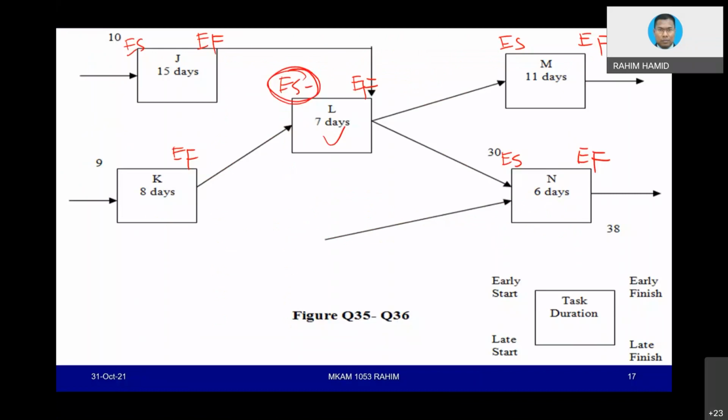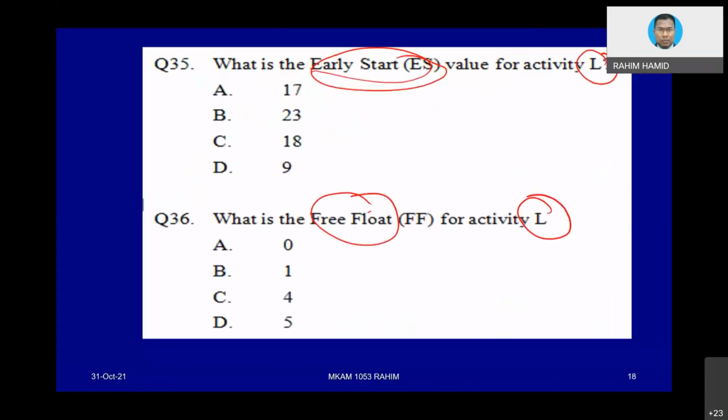So how do we solve the problem? Well, we can do the calculation based on backward pass. So 9 plus 8 equivalent to 17. If you put 17 here, that would be one possibility, and the answer 17 is also there.